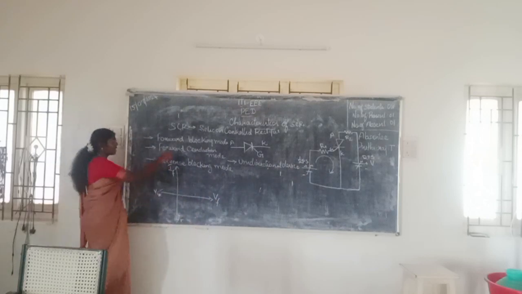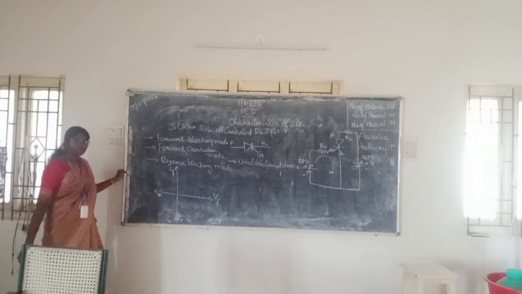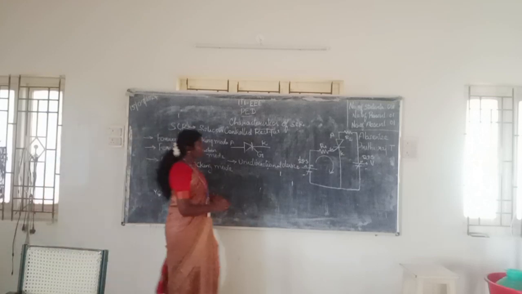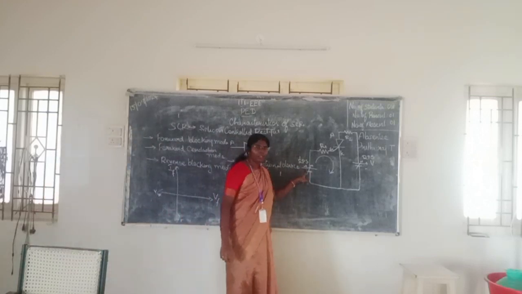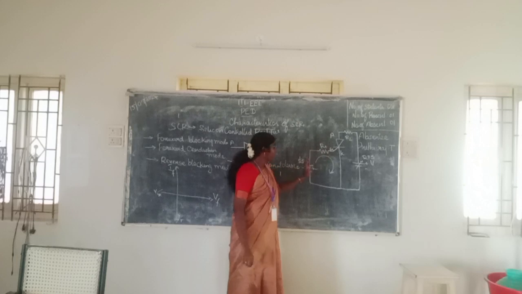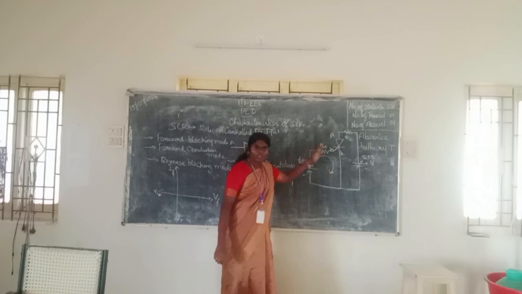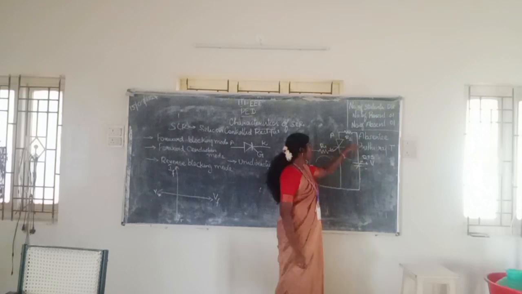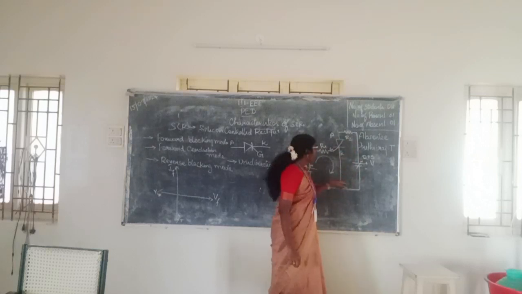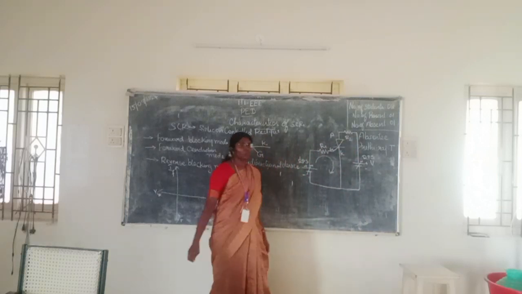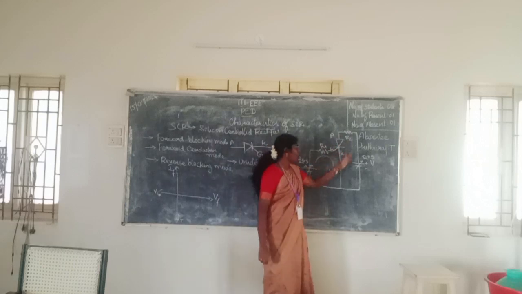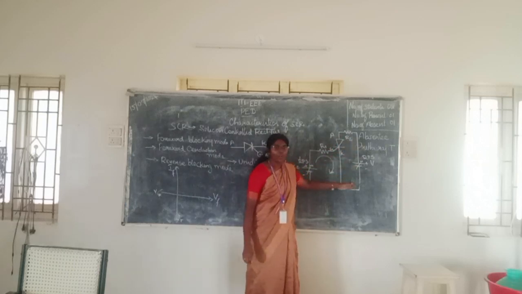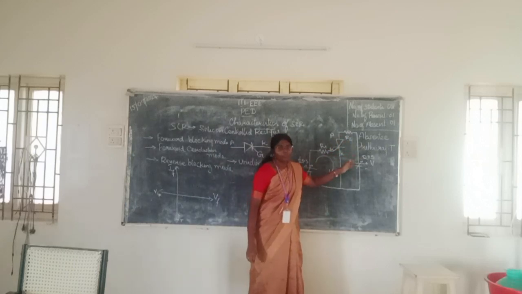Okay, initially, forward blocking mode. Same here, the positive terminal is given to the anode and the negative to the cathode, like this, on one side. So this is the circuit we are going to explain for forward blocking.